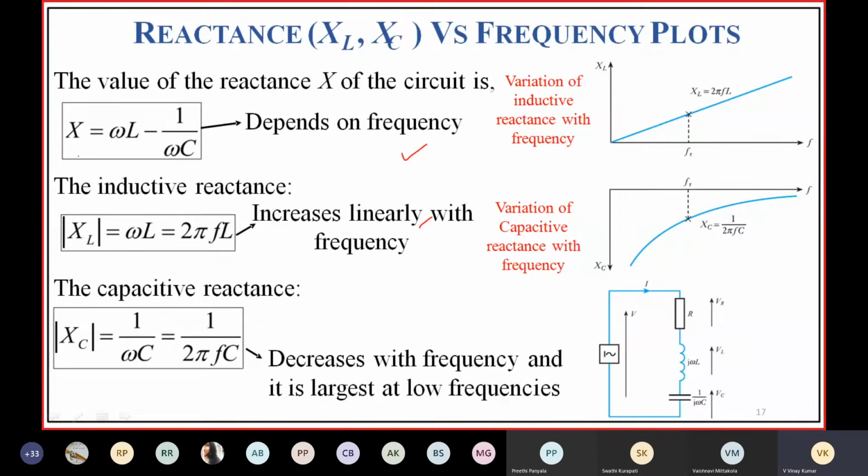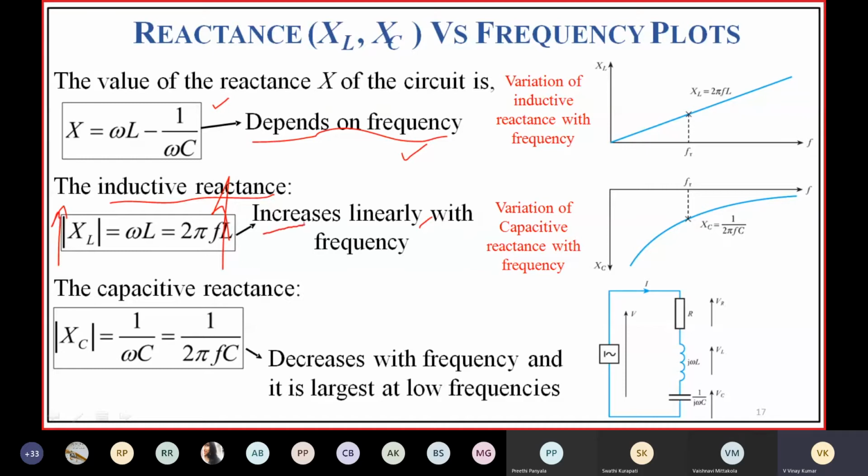So what is the total reactance? X is equal to omega L minus 1 by omega C. This is the total reactance, and it depends on frequency. Coming to inductive reactance, XL is equal to omega L, which is equal to 2 pi F L. With the increase in frequency, XL will be increasing.